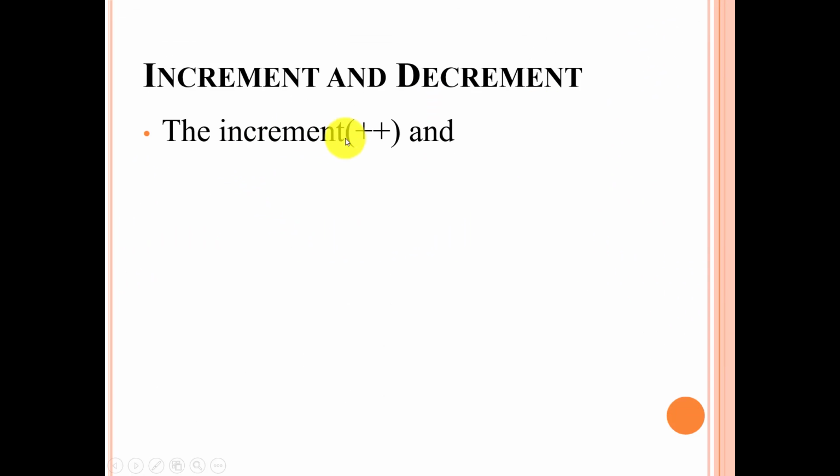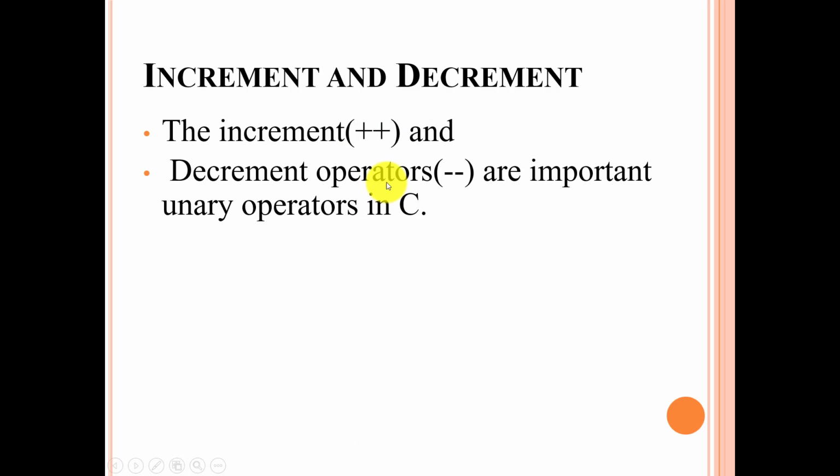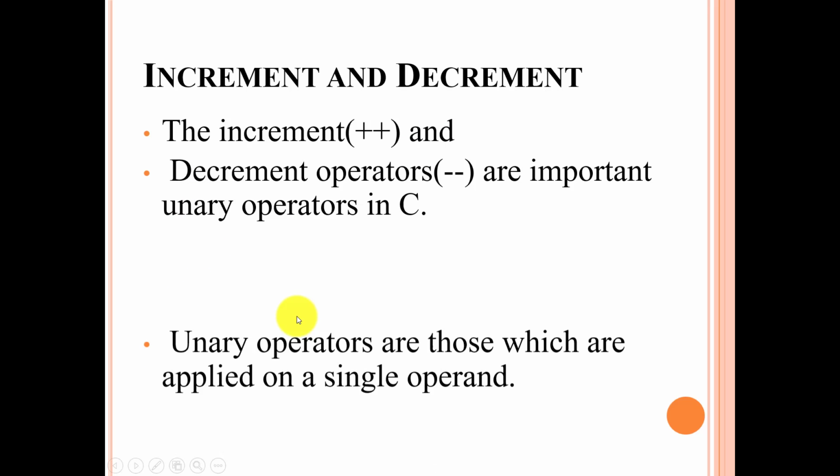Increment is denoted by plus plus, and decrement is denoted by minus minus. These two operators are very important unary operators in C. Increment and decrement can only be applied to a unary operand. Now what is meant by unary operator?